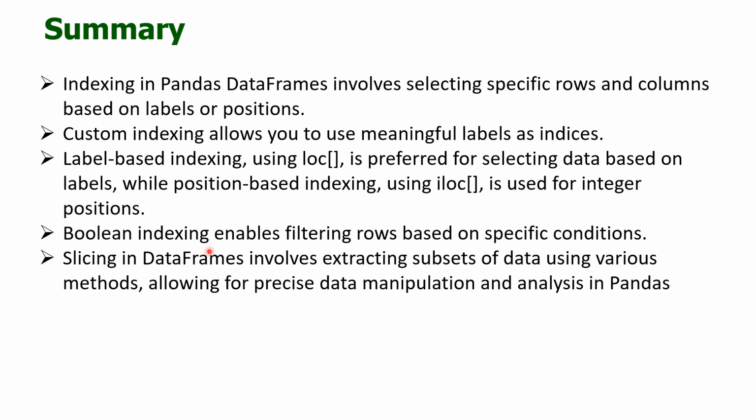Boolean indexing enables filtering of rows based on specific conditions. Slicing in data frames involves extracting subsets of data using various methods, allowing for precise data manipulation and analysis in Pandas. Thank you for joining me in this session of indexing and slicing in Pandas data frames. We have covered the essentials required for effective data manipulation in Pandas.